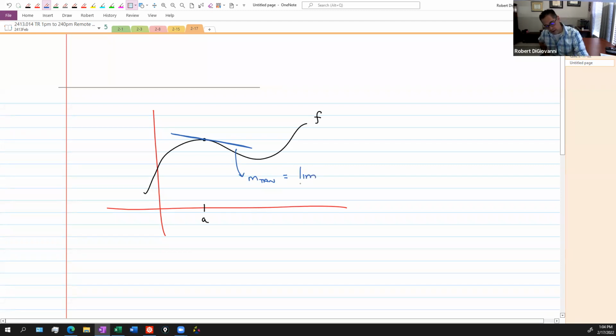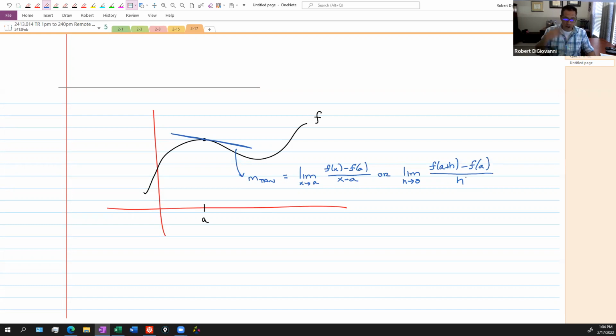The first one I showed you was the limit as x approaches a of f of x minus f of a over x minus a, or you could do the limit as h goes to 0 of f of a plus h minus f of a all over h. Either way, to find the slope of a tangent line on a function, you have to be able to compute a limit where you're going to get 0 over 0, and you're going to have to do some sort of algebra in order to get to a numerical answer.